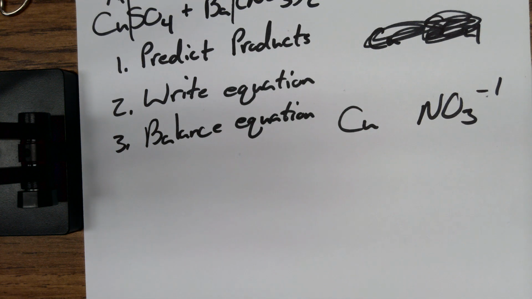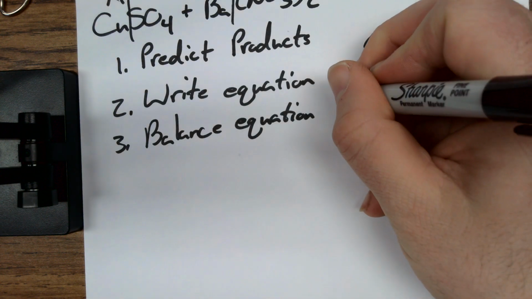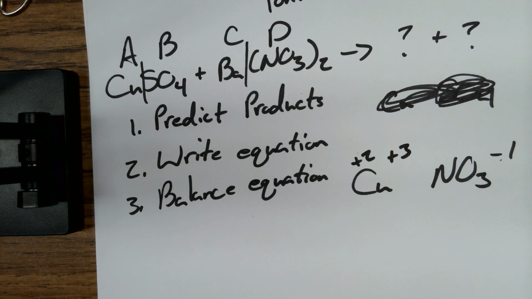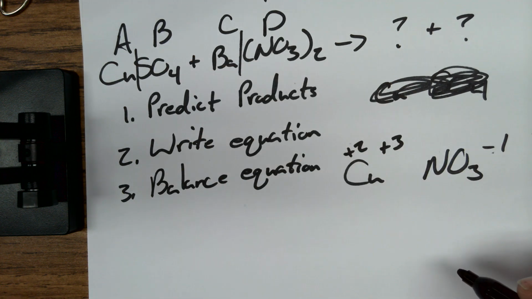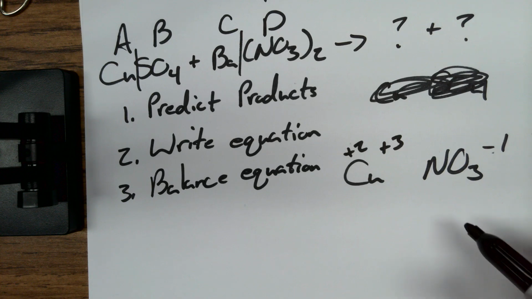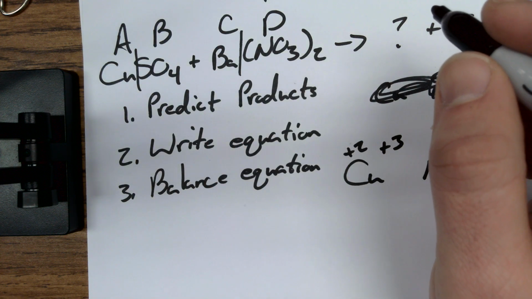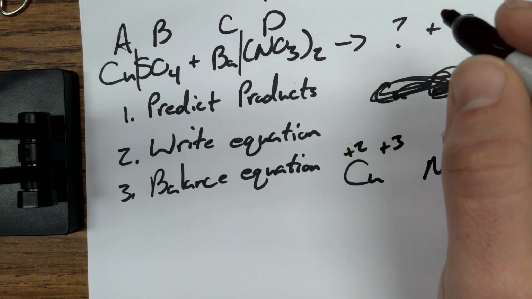Now, copper is in that weird transition metal stuff. And I know that they like to exist in either as a +2 or a +3. How do I know which version of copper I am working with? What's the charge on my sulfate? -1, -2, -3, or -4?